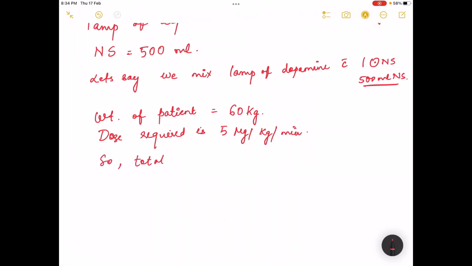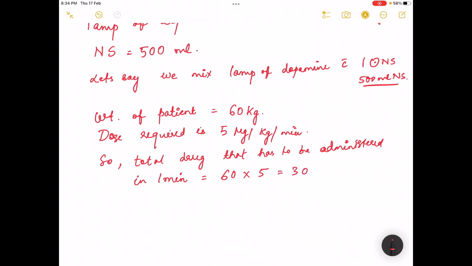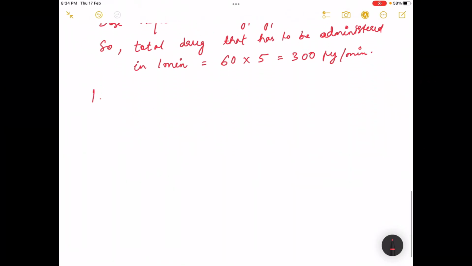So total drug that has to be administered in 1 minute will be equal to 60 into 5, that is equal to 300 microgram per minute. 1 ampule of dopamine is put in 1 bottle of NS.